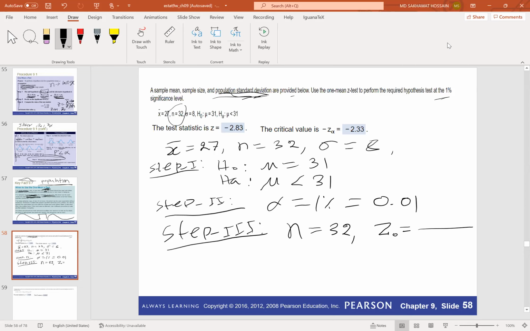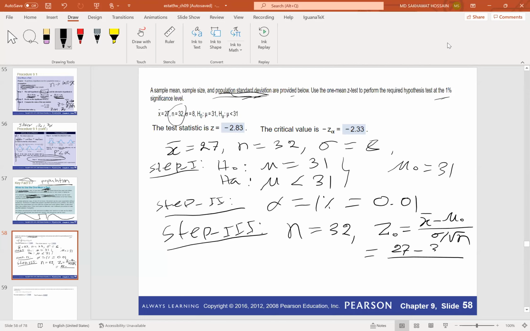So Z0 is equal to x bar minus mu 0 over sigma over square root of n. So this is the test statistic. Now I will plug in all the numbers. X bar is 27 and mu 0 is the hypothesized value, the value in the hypothesis. Mu 0 is 31.